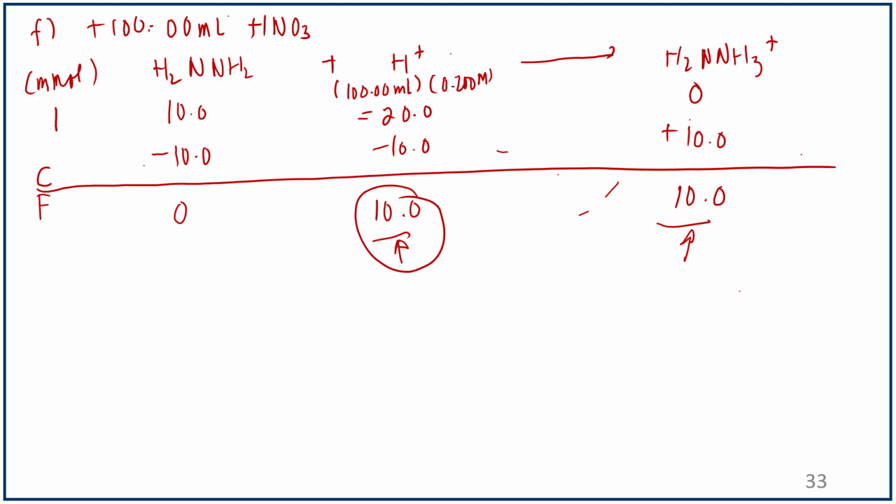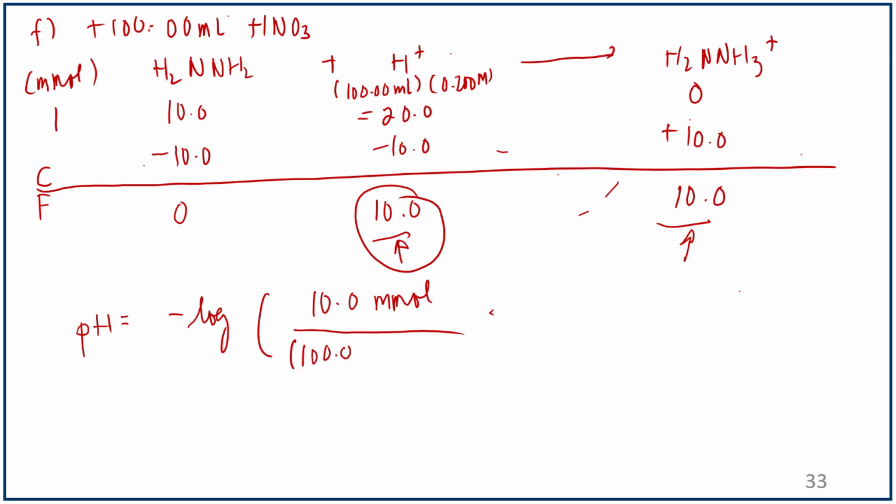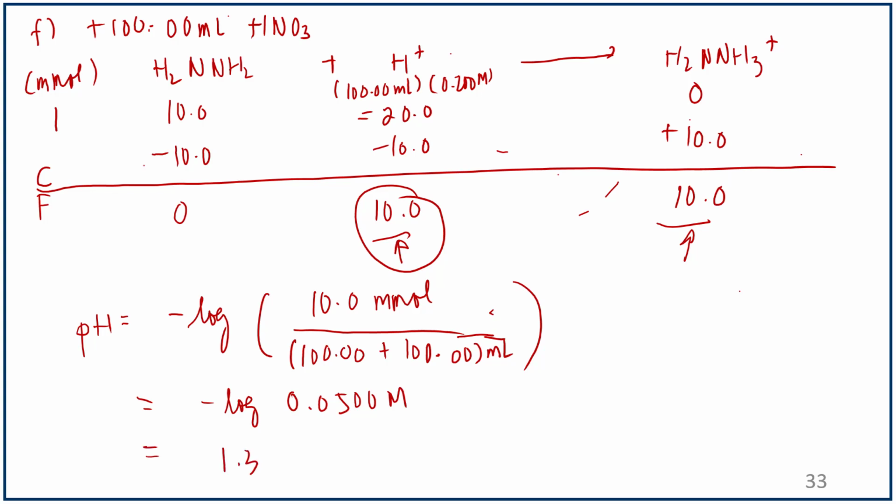So pH is equal to the negative log of the hydronium ion concentration, which should be 10.0 millimoles divided by the total volume of the solution, which at this point is 100.00 ml from hydrazine plus 100.00 ml from the nitric acid added. So this will just give you negative log of 0.0500 molar, and that's just equal to a pH of 1.30. Alright.